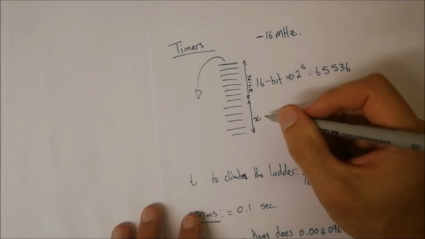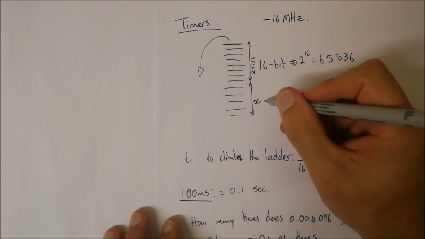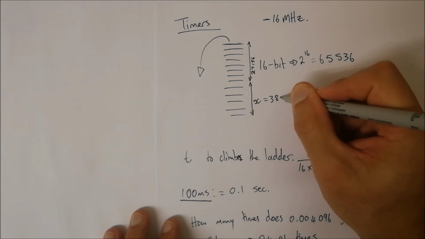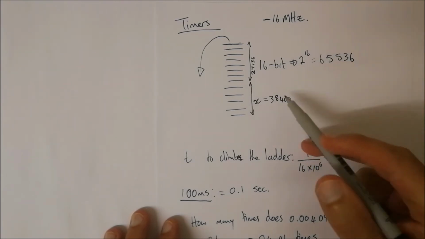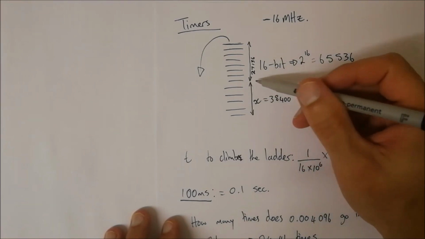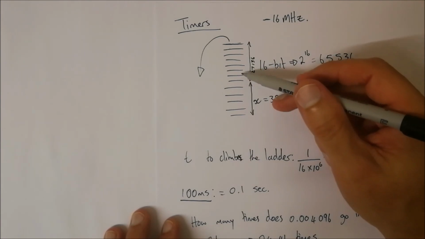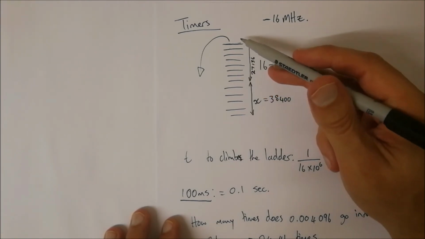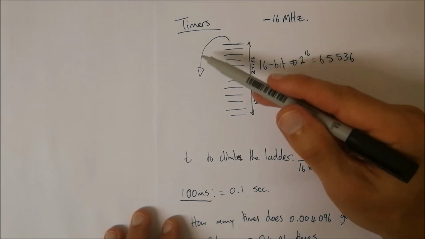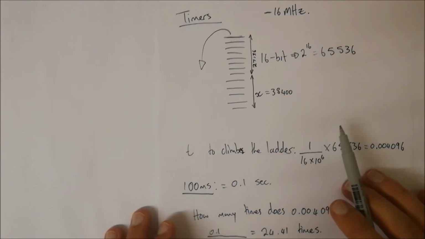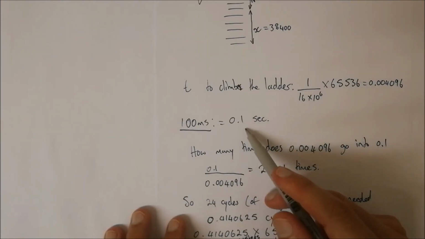So we need to climb to step number 38,400 as our starting position, then go for every pulse and climb a step, and then we'll fall off for the final cycle, which will then be equivalent to 0.1 seconds.